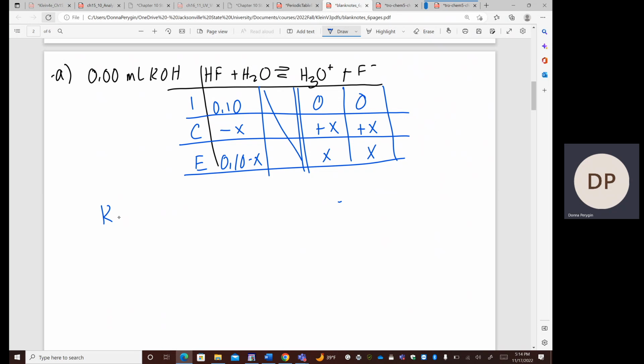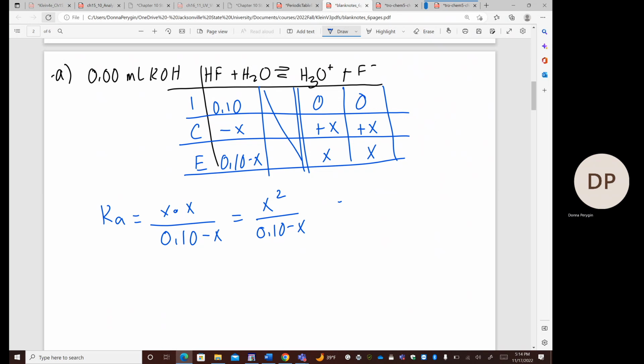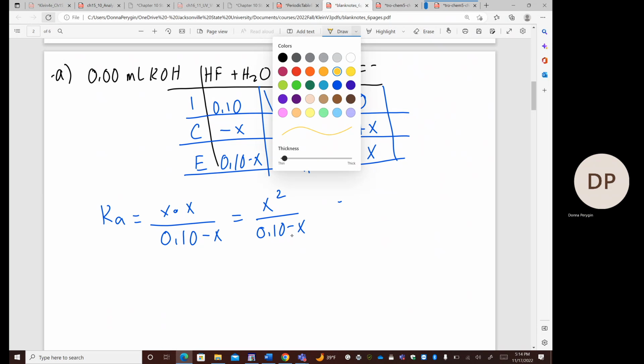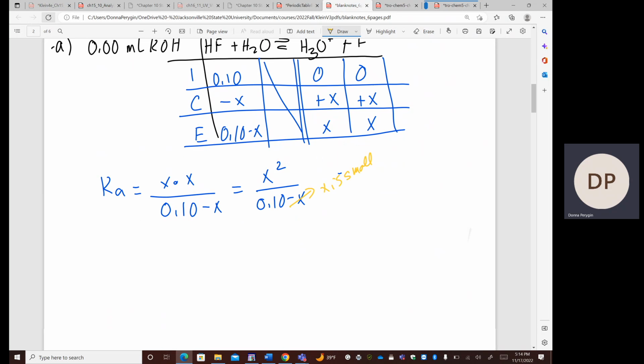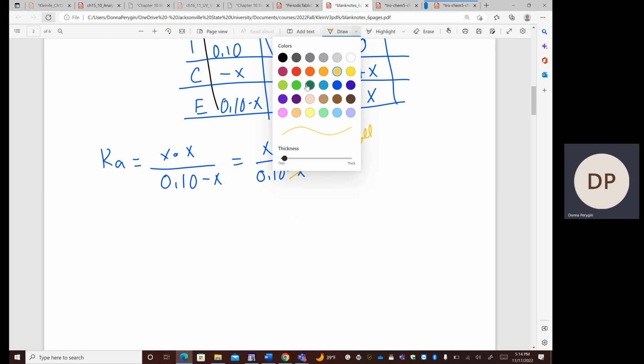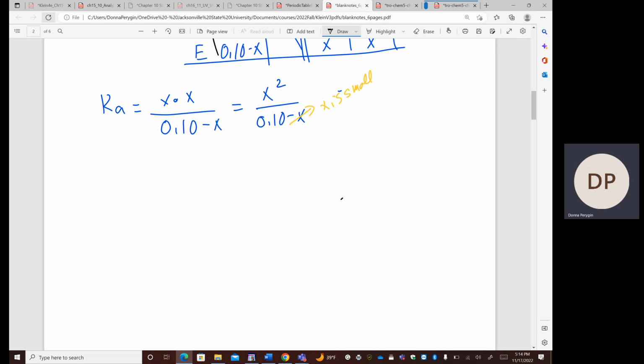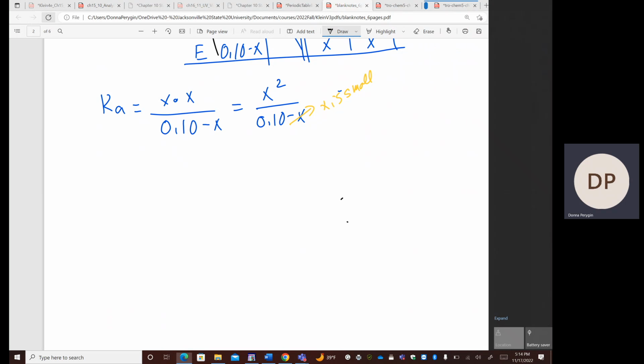Our K is equal to X times X over 0.10 minus X, right? So that's going to be equal to X squared over 0.10 minus X. Now, if we assume X is small, which we generally do and can make that assumption here, then we can set our, forgot to put the K in here.